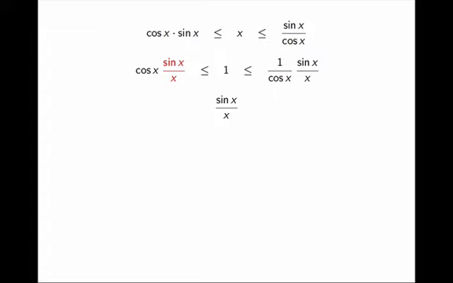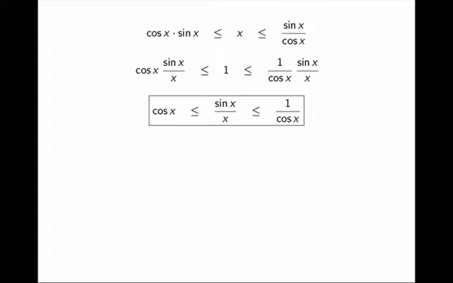So from the first inequality, I can say that sine x over x is less than or equal to 1 over cosine x. I also notice that it appears in the second inequality. So from the second inequality, I can say that it is greater than or equal to cosine x. And now these 2 inequalities contain the function sine of x over x, so I'm almost done.